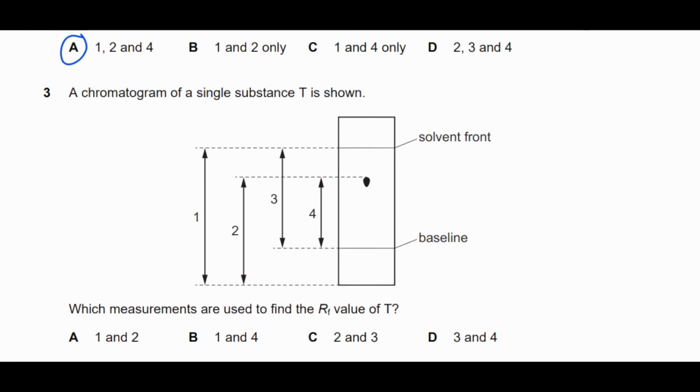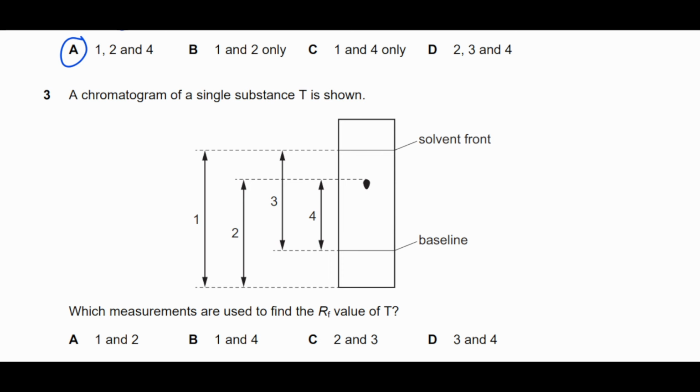Now, 3. A chromatogram of a single substance T is shown. Which measurements are used to find the RF value of T? So how do you find RF? RF is the distance traveled by solute over the distance traveled by solvent front.